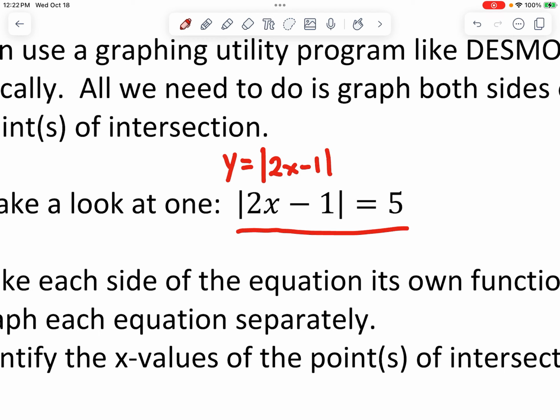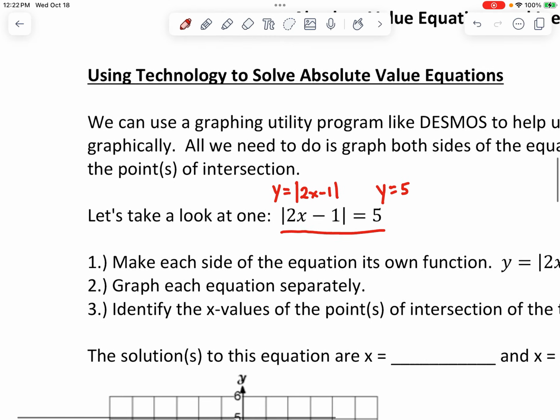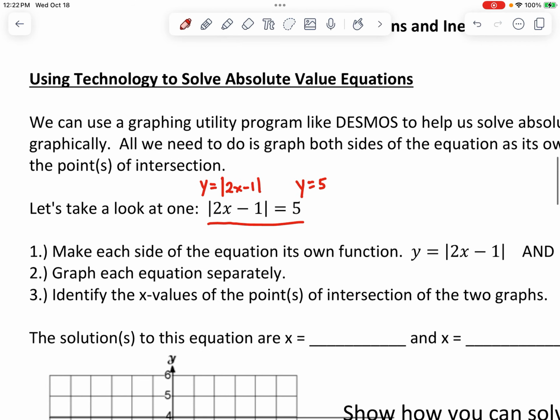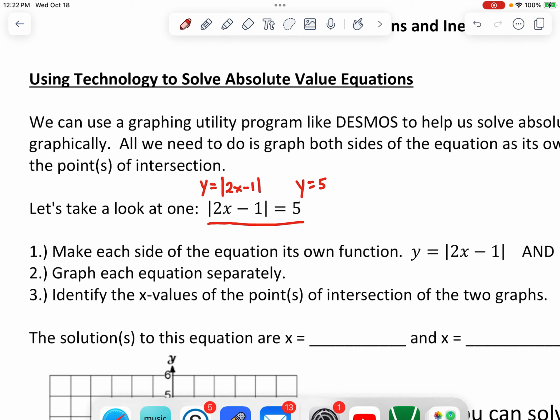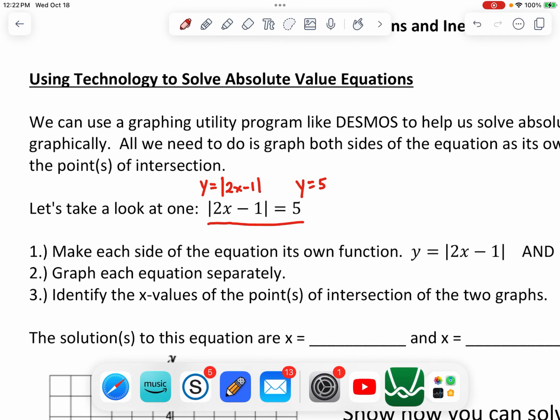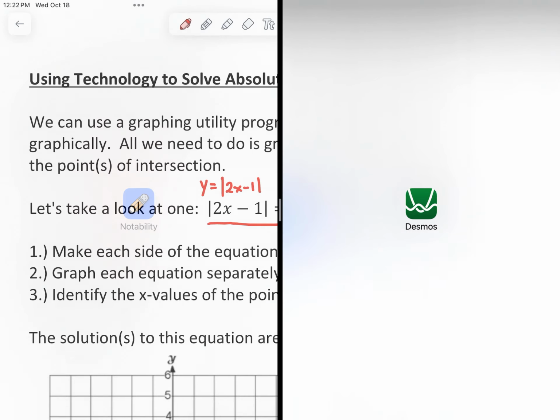And on the right-hand side, we turn this into the equation y equals 5. So what we're doing essentially is creating two separate equations using the x and y variables, which can then be graphed on the coordinate plane. Let's take a look at what that looks like on Desmos when we graph those two equations.